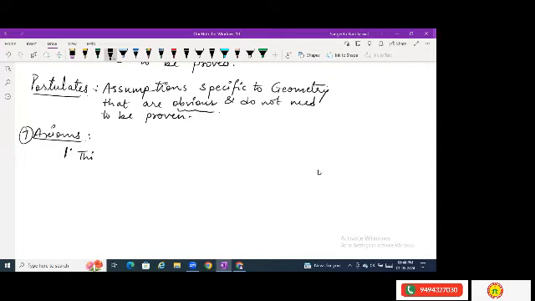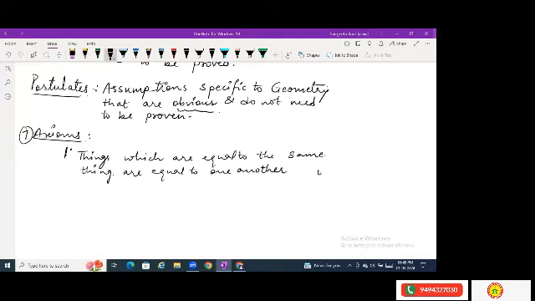Things which are equal to the same thing. I'll explain what it says. The book language is sometimes not easily understandable. The things which are equal to the same thing are equal to one another.